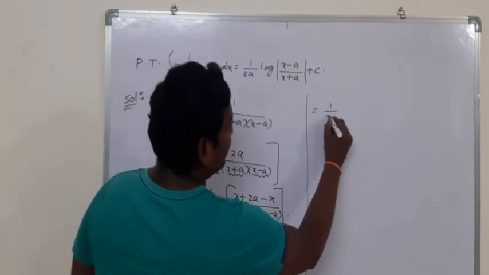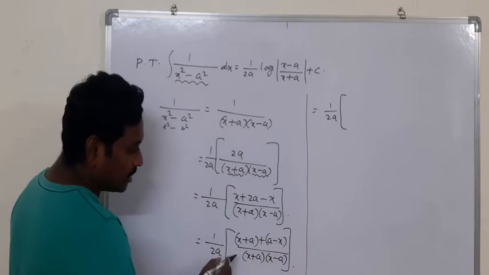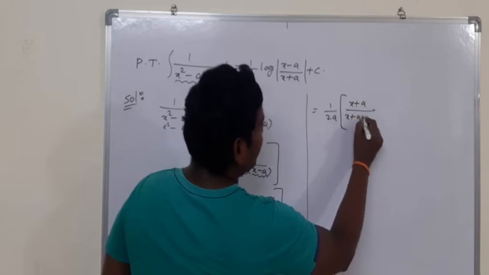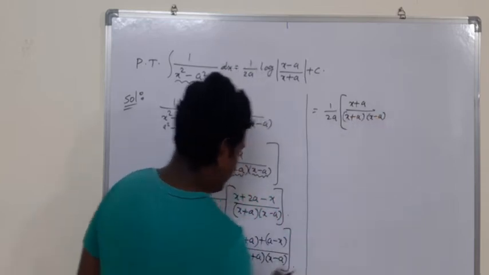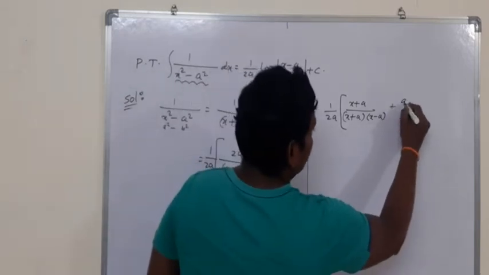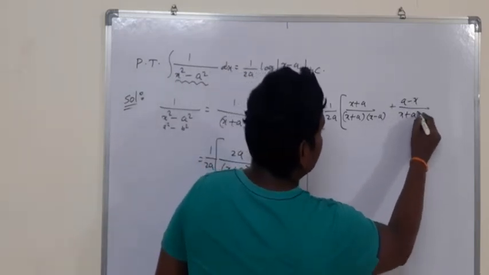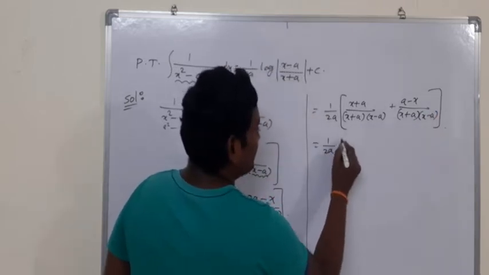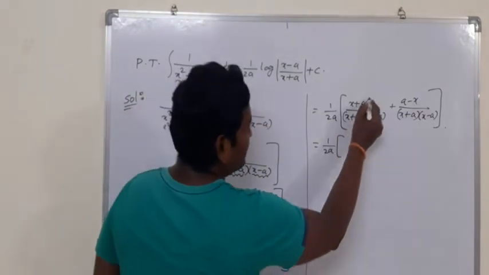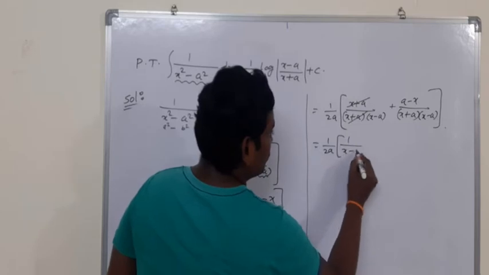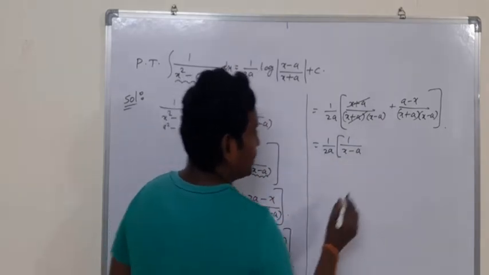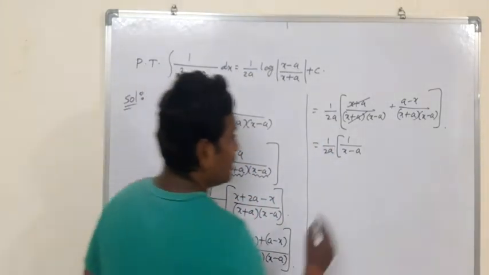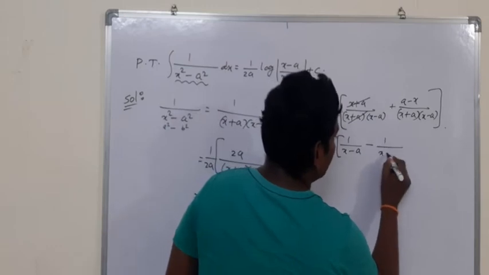That is equal to 1 by 2a whole into x plus a by x plus a into x minus a, plus a minus x by x plus a into x minus a. So x plus a gets cancelled, and in the denominator we have only x minus a. Here a minus x and x minus a are the same but with opposite signs. That's why here you will get minus 1 by x plus a.